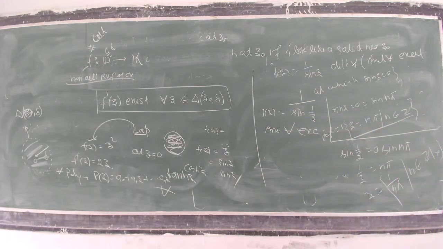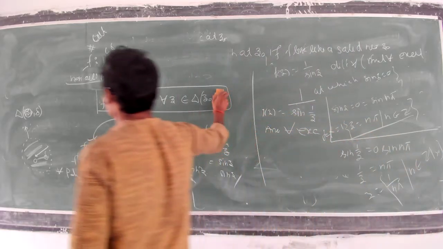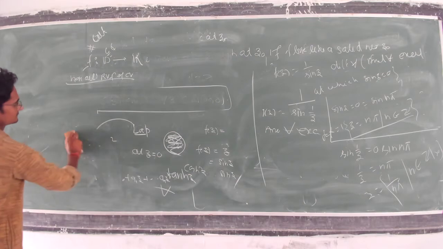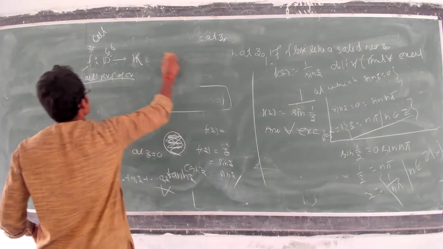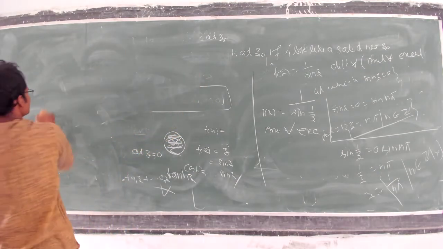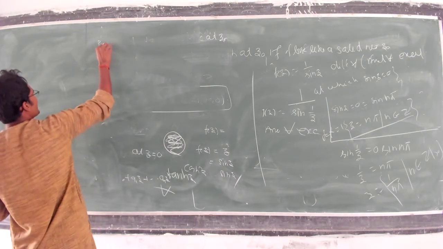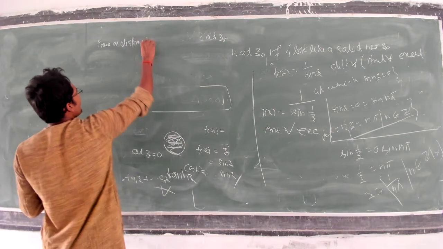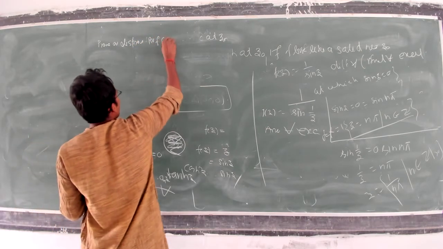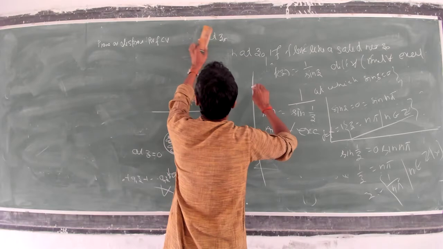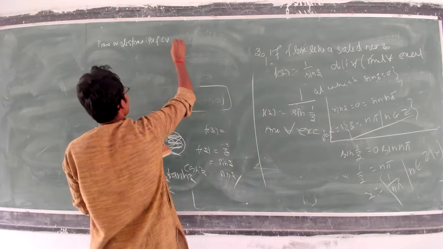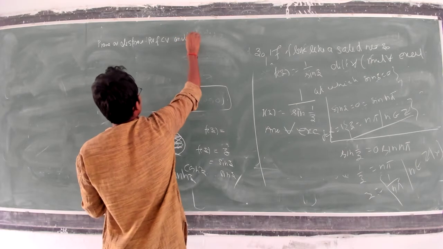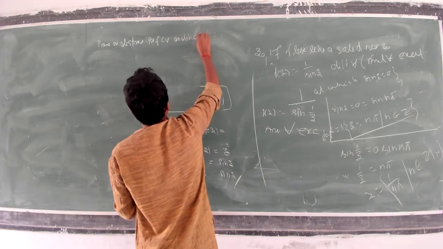This is the homework for you, so you try. Question is clear? Prove or disprove: a real valued function of a complex variable is analytic everywhere.